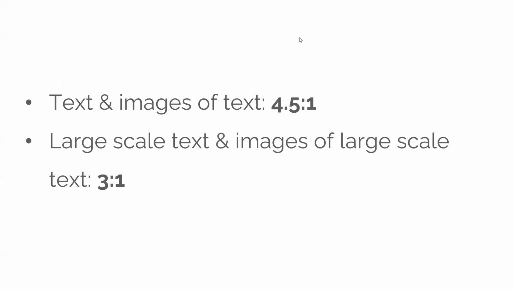So your text and the images of text have to be at a minimum 4.5 to 1. If it's larger scale, and I'll show you what that means in a second also, or images are larger scale, you get a little more leniency here. It only has to be 3 to 1. So if you have a big image and you have text on the image, there's a little more wiggle room by 1.5 in that contrast ratio.